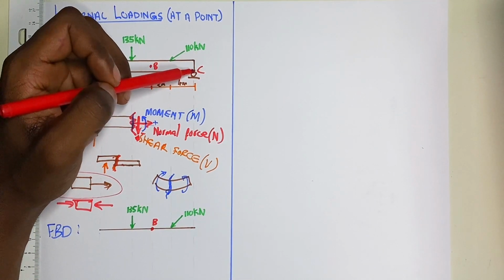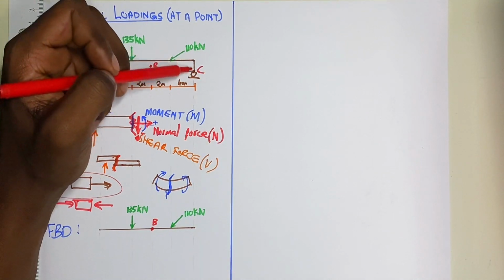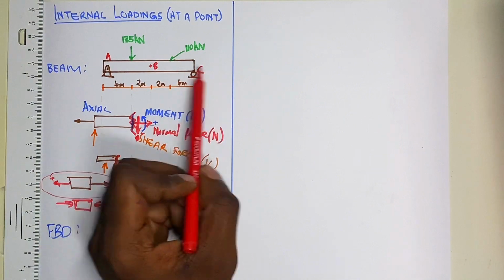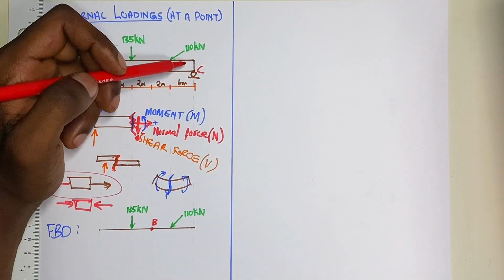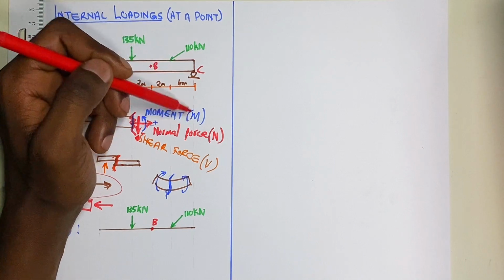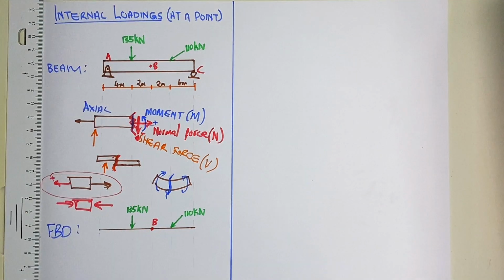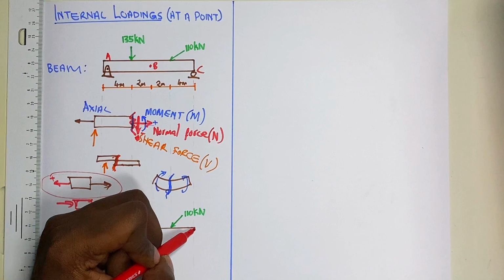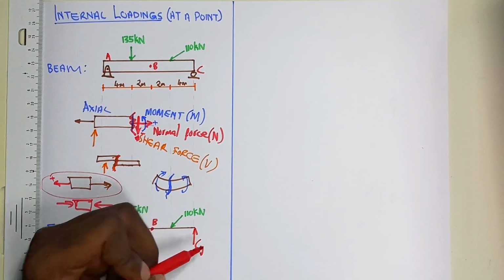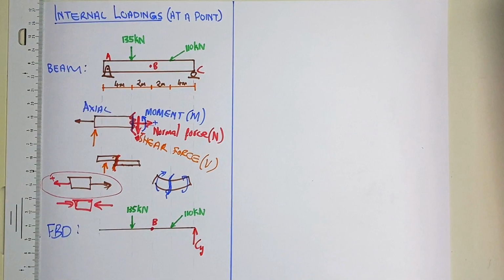If this beam was loose and only being supported by this part, it would be able to move in the x direction and it would be able to rotate, but it would not be able to move down because the roller is supporting it in that sense. So I'm going to put my support reaction here, which is at C, and I'm going to put a Y because it's acting in the Y axis.